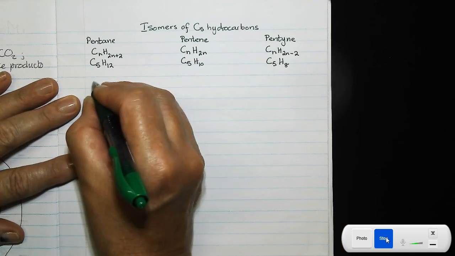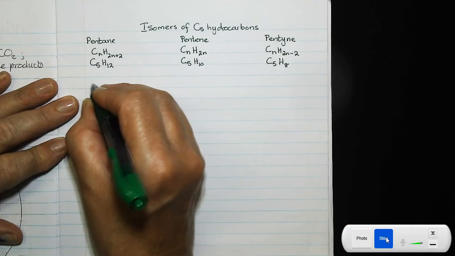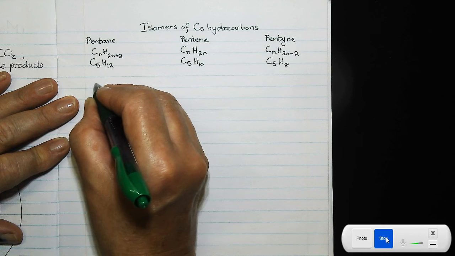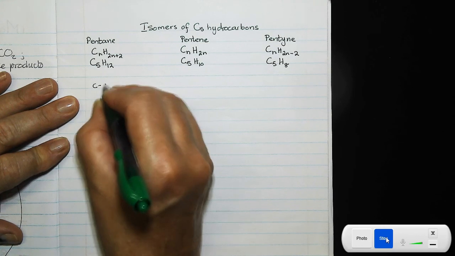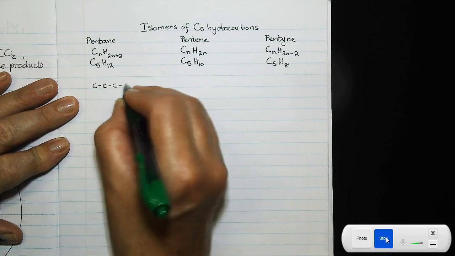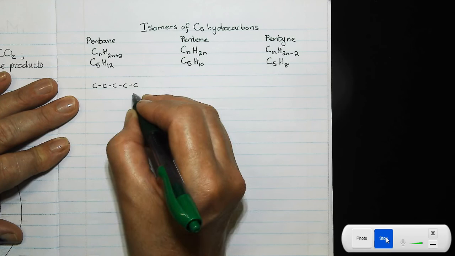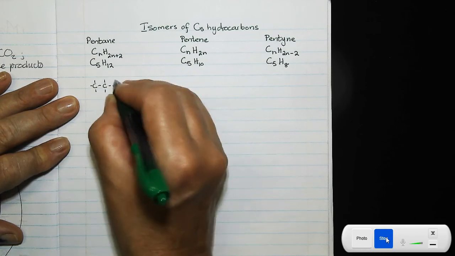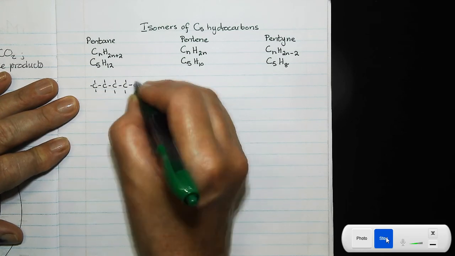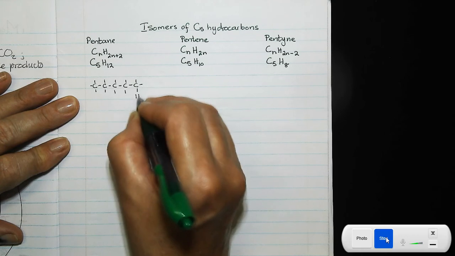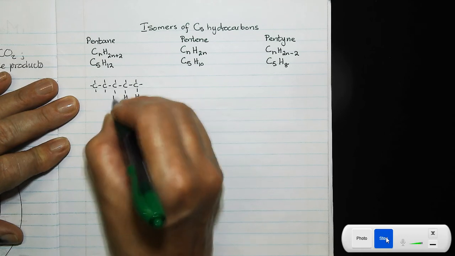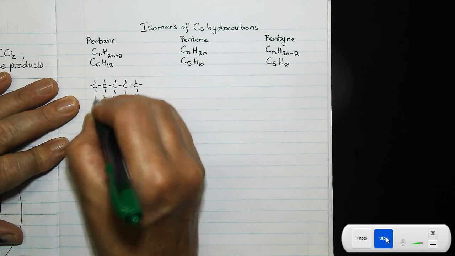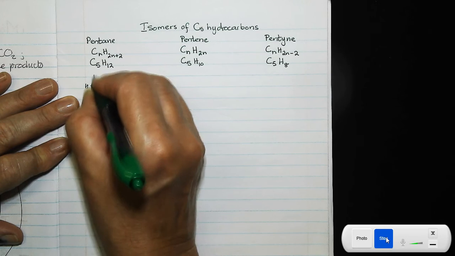The longest chain structure for pentane would be a chain with 5 carbons. Take care to make sure that each carbon has 4 atoms joined to it.